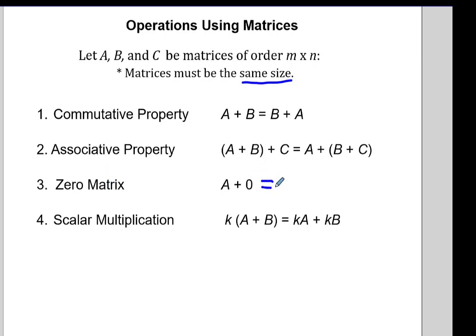A plus 0 is going to give us matrix A, and then scalar multiplication is similar to the distributive property. If I multiply any matrix sum by a constant number, I can multiply the constant times matrix A and the constant times matrix B, and then do the sum as we've just seen.